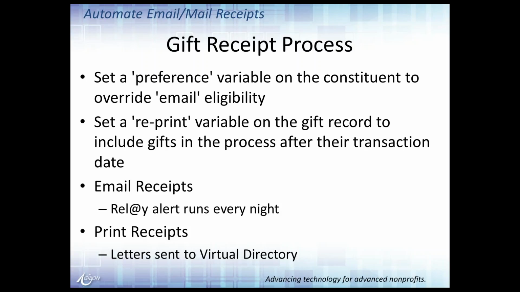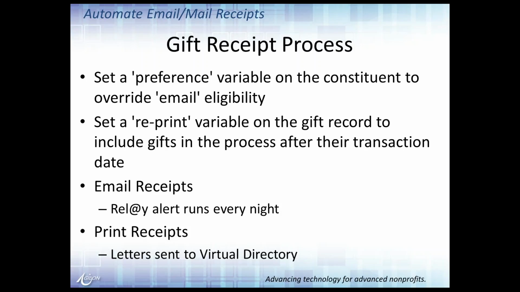So a preference of some sort, a user variable, a user group, to identify that even though they're eligible, they have an active email address, they would like to get the letter instead. So I'll talk about that a little bit later. That's one of the things that we need to make sure is set up.